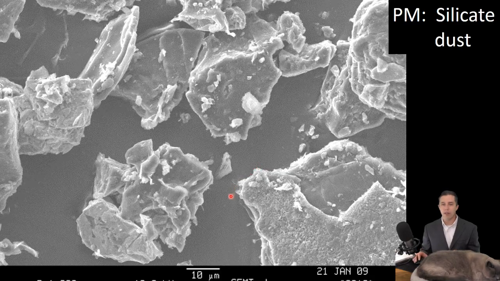So what happens is you breathe them in and they go into your lungs and they stay there forever. Now, here's something called silicate dust. So silicate is a group of minerals, rocks and minerals. And when we have dust, like in New Mexico, the dust storms, the haboobs and all that, what you're seeing mostly is silicate dust. And silicate dust has sharp edges.